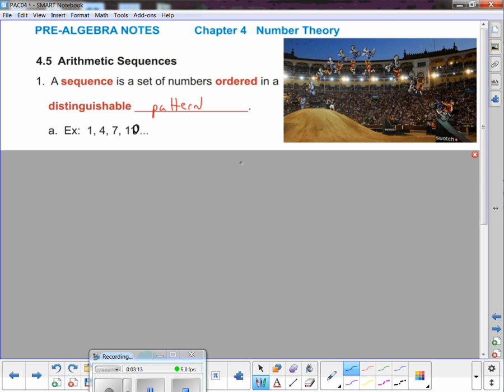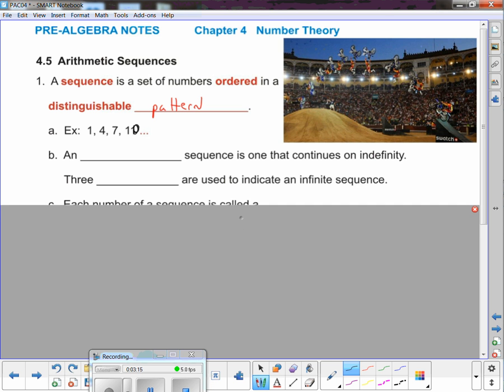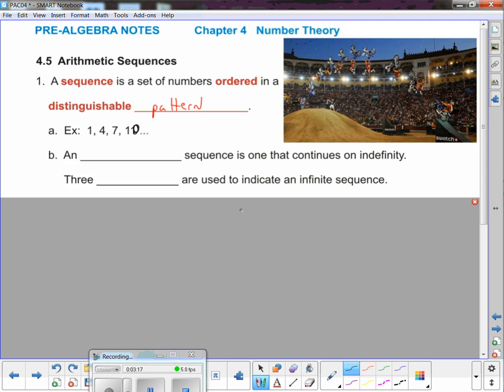All right, those are arithmetic sequences. I'll show you why we'll call it an arithmetic sequence in a minute. Before we get there, though, I want to talk about this. This, in particular, is an infinite sequence. I-N-F-I-N-I-T-E, an infinite sequence. Anybody know what it means to be an infinite sequence, Edward? It goes on forever.